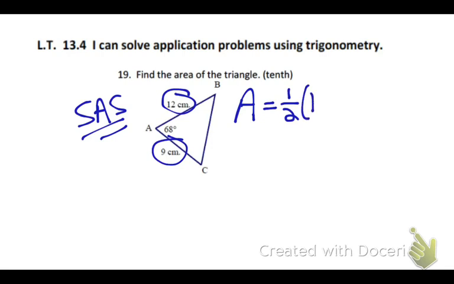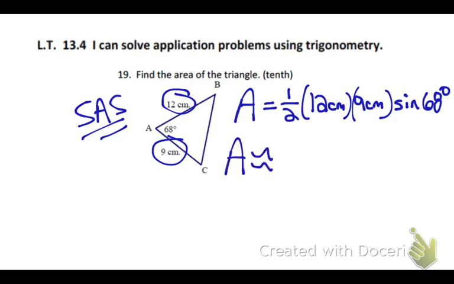So 1/2 times 12, actually, let me put the units in there. So 12 centimeters, and then we got the 9 centimeters. Oh, it ran out of room. And then times sine of the angle between them. So sine of 68. And then you just type all that in the calculator.